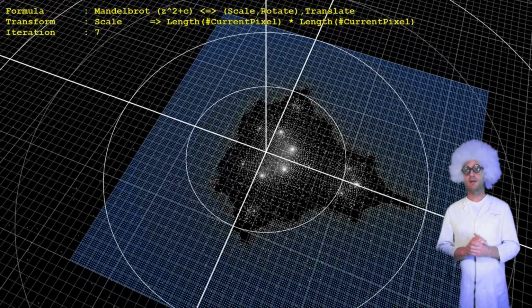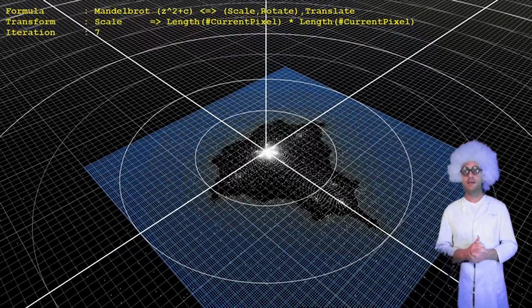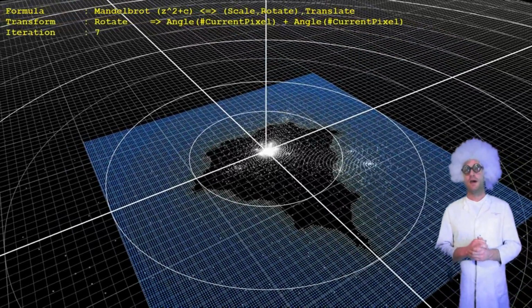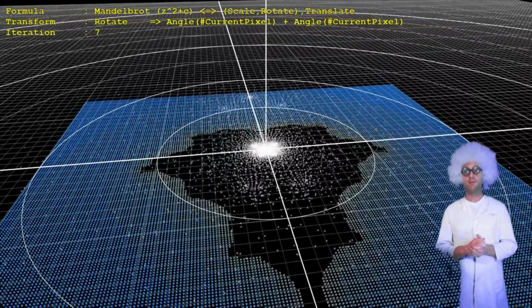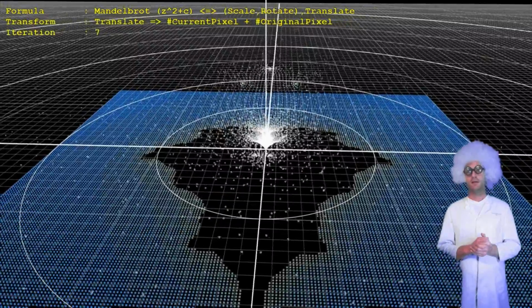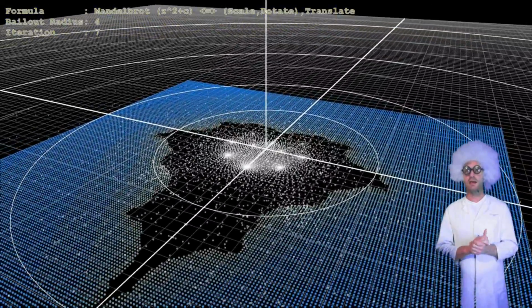Points leaving this circle never come back, because 4 squared is already 16. And the points will never be reduced to 0 again, since we take starting locations from roughly positive 2 to negative 2 on the x and y axis.